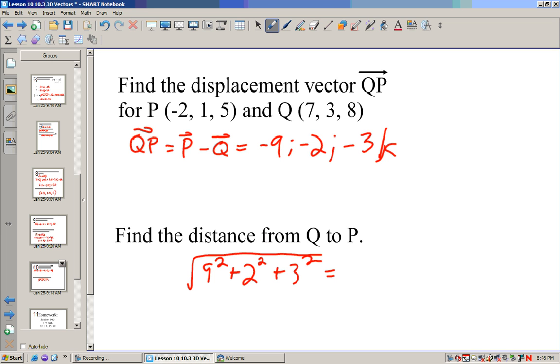So this is going to be 81 plus 4 plus 9, which is 94. So the square root of 94, which I'm pretty sure nothing goes into, so that's going to be the distance. If I square rooted 94, that would be a little bit less than 10, because square root of 100 is 10. So it would be 9.7-ish.